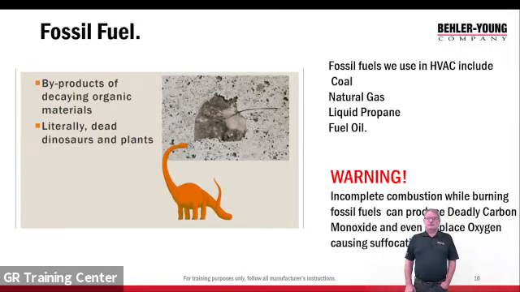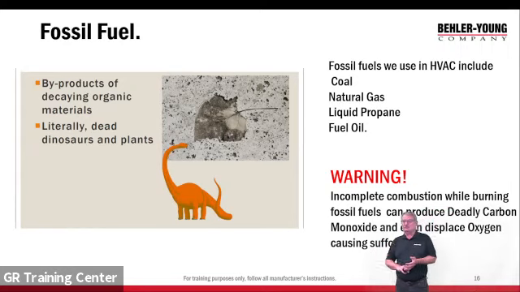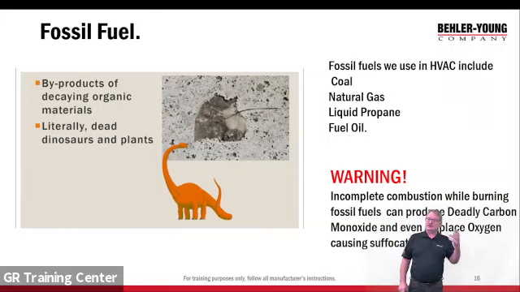Fossil fuels. Currently, and again, down the road this could change, we are still working primarily with fossil fuels. I know we always toss around the joke of dead dinosaurs, but basically it's dinosaurs and plants from millions of years ago that deteriorated, and during decay, they became a fossil fuel.